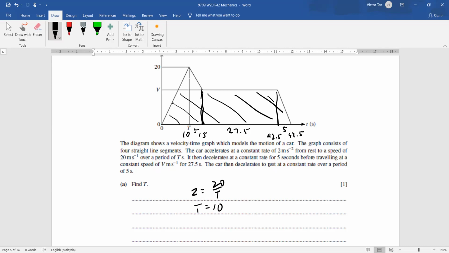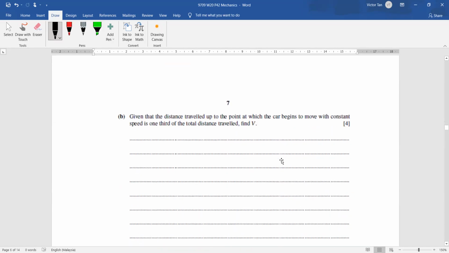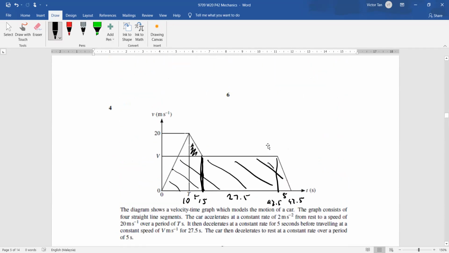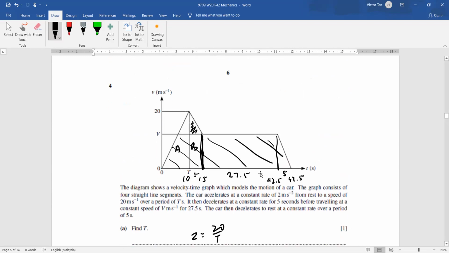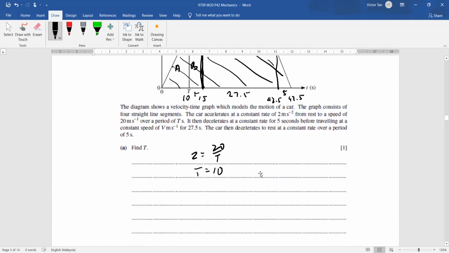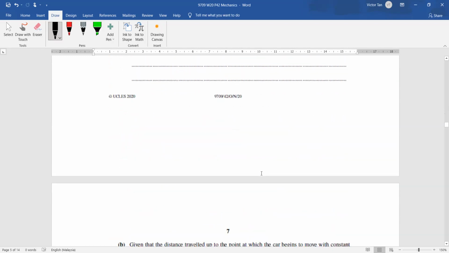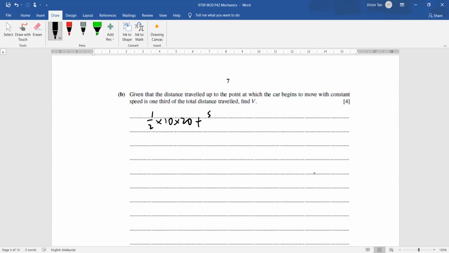So the first part is half times 10 times 20, plus the second part. This is part A, this is part B. The second part is a trapezium with parallel sides V plus 20 and height 5, so it is 5 over 2 times V plus 20.